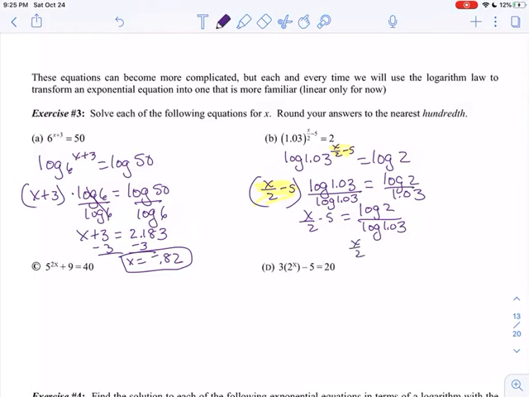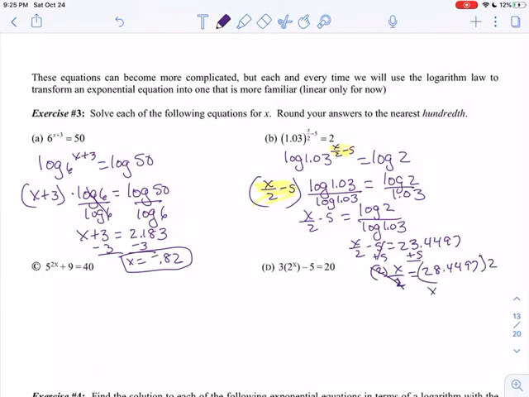And that gives me 23.4497. So that is x over 2 minus 5 equals 23.4497. Now I still got to solve for x, so I'm going to add 5.